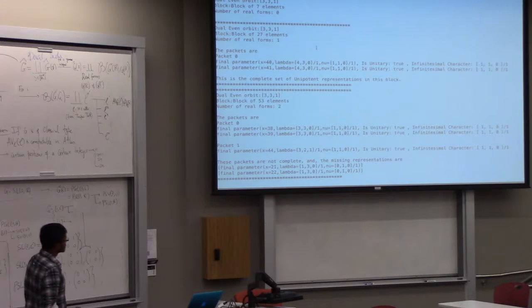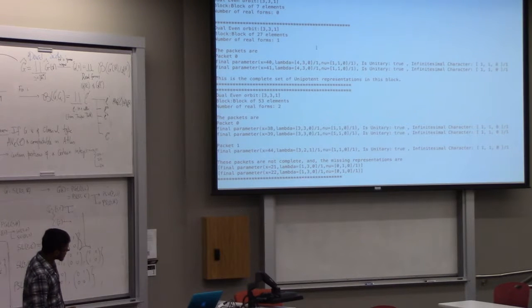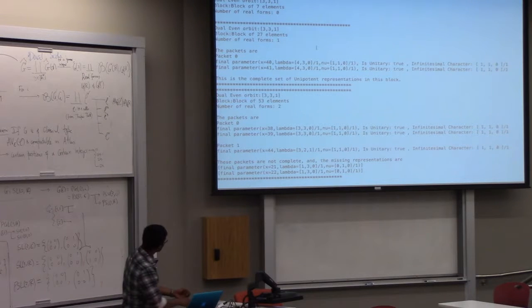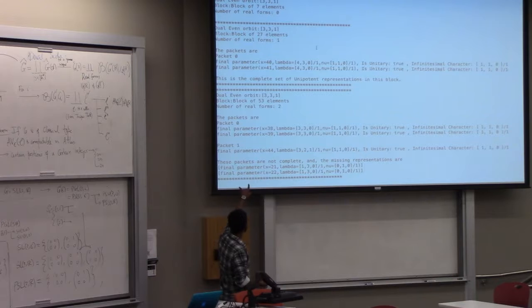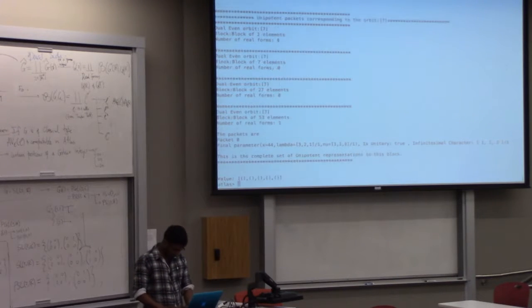Based on what we have done so far, it's not clear where to put them, and we need more information on figuring that out. So that's one of the first places that you see non-complete unipotent packets for type C.